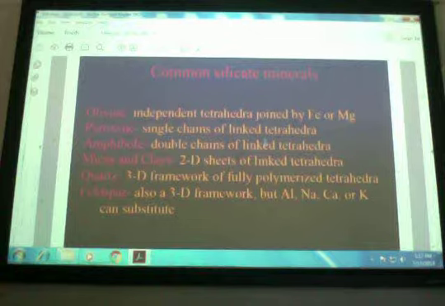The plagioclases can be subdivided into albite and anorthite.